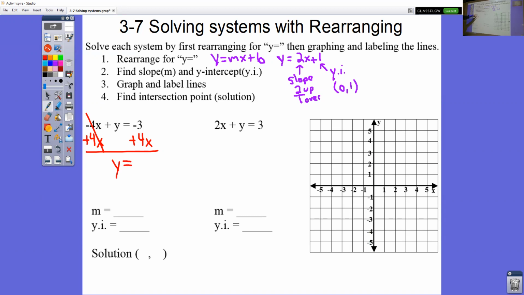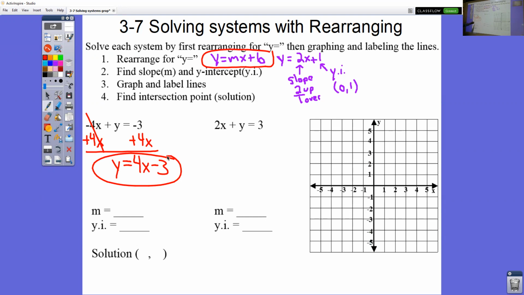Now, we don't want to do -3 plus 4x. We can't add together an x and a plain old number. But what we want to do is switch around the order so that it's in this y equals mx plus b form. So -3 plus 4x is going to be 4x minus 3. That's our rearranged equation.